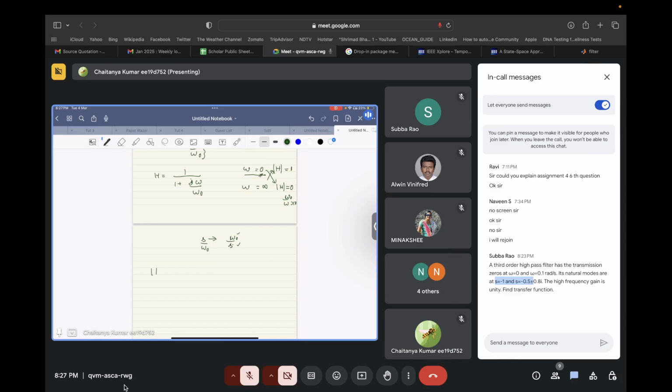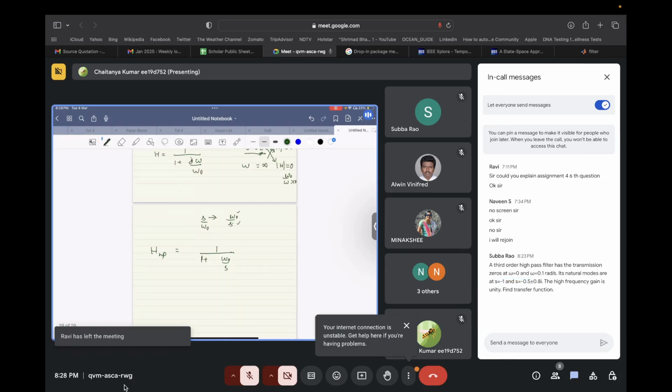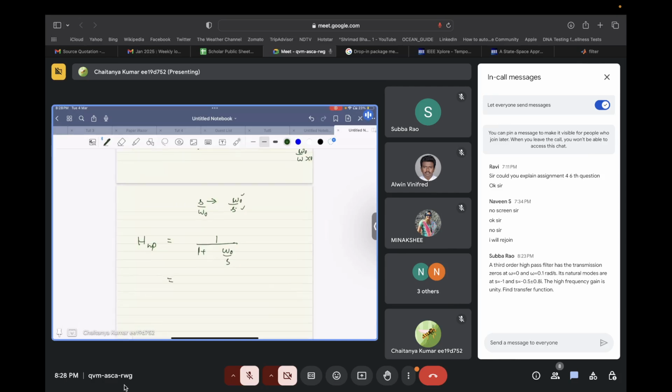If we do that, we have H high pass equal to 1 upon 1 plus omega naught by s. So s by omega naught is replaced by omega naught by s. Now this becomes s by omega naught divided by s by omega naught plus 1.